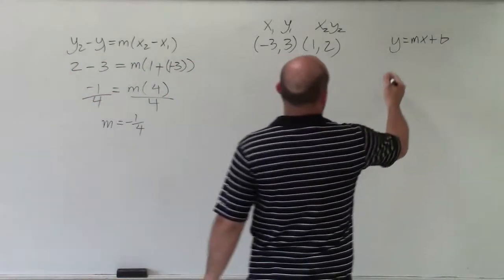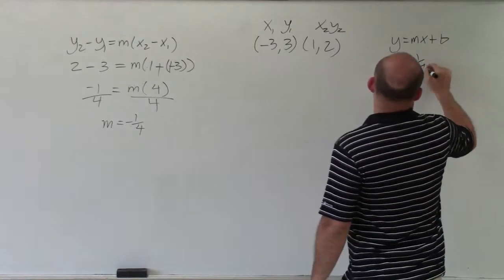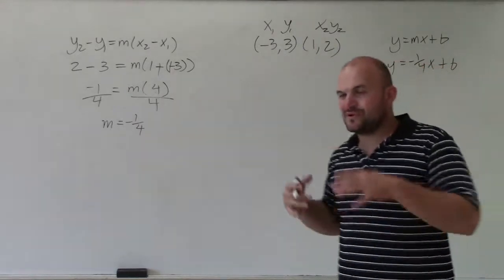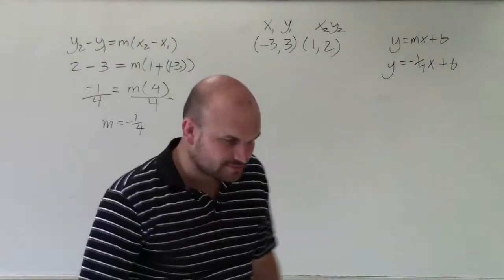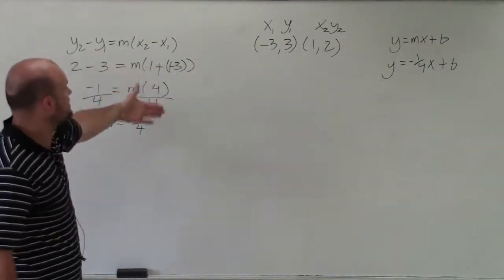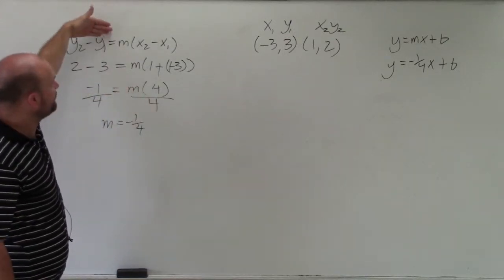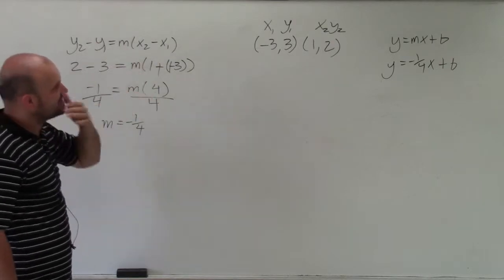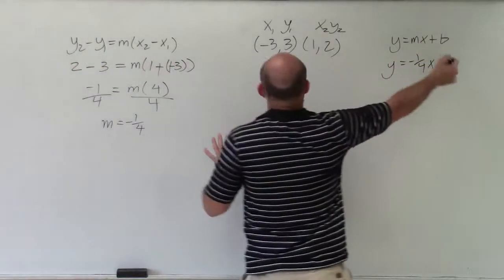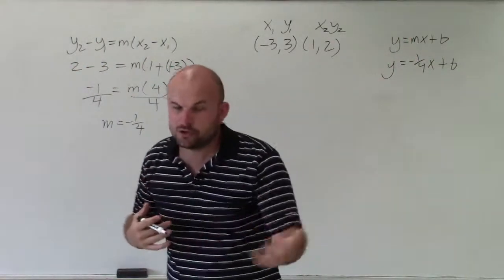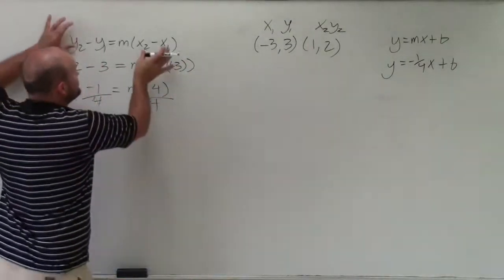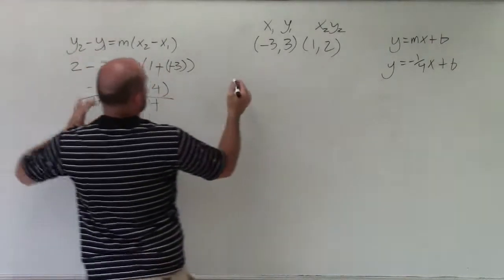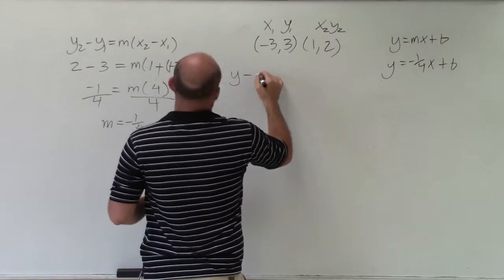So now I know y equals -1/4 x, but now I still don't know b. So here's where it can kind of get a little confusing. I'm going to still use point-slope form to solve for b, or to put it into slope-intercept form. But rather than trying to solve for b in the slope-intercept form, I'm going to use this equation, but I can't use both x's and y's.